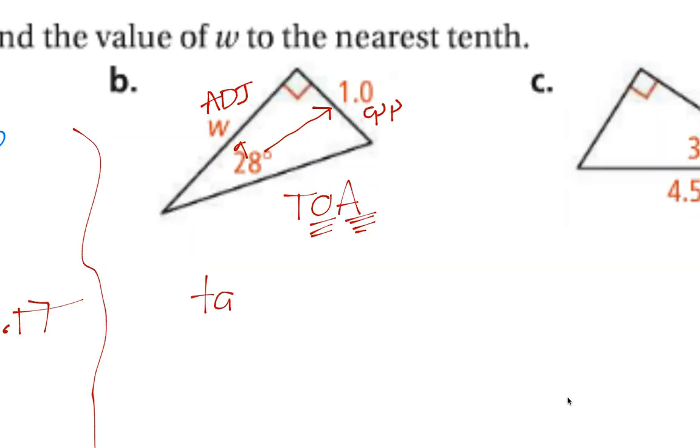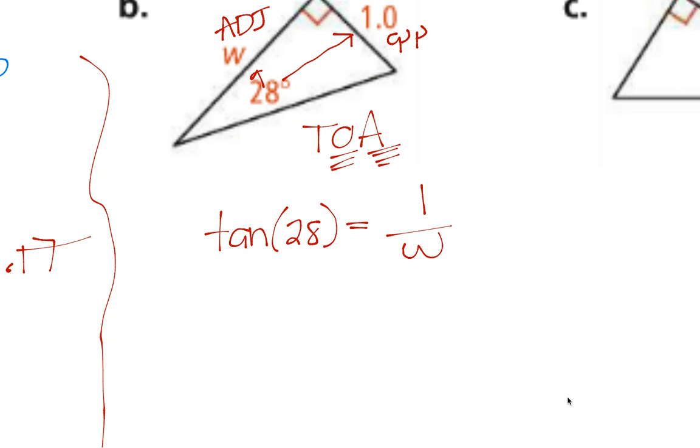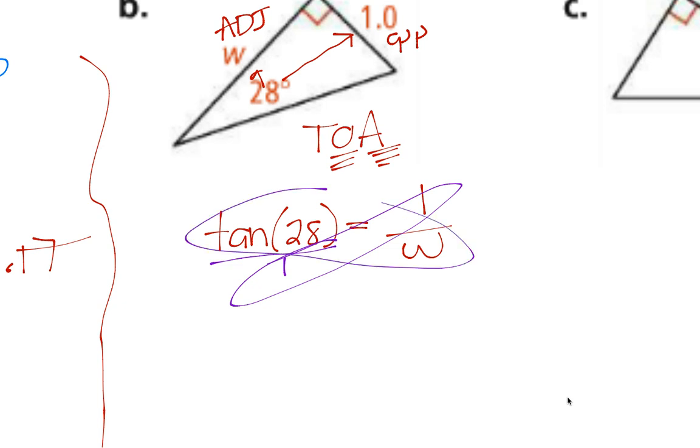So tangent of 28 equals 1 over W. So this time we have the variable on the bottom, which requires an extra step, but really if you think about it, we can just do cross products here, which is W times tangent of 28.